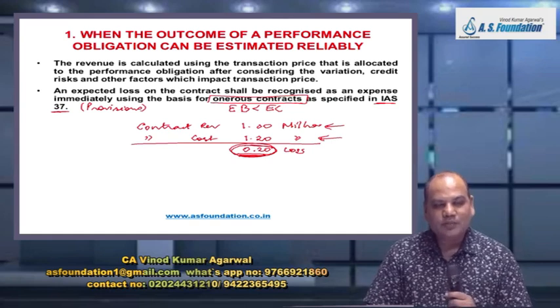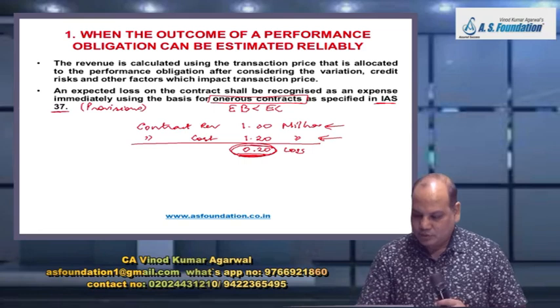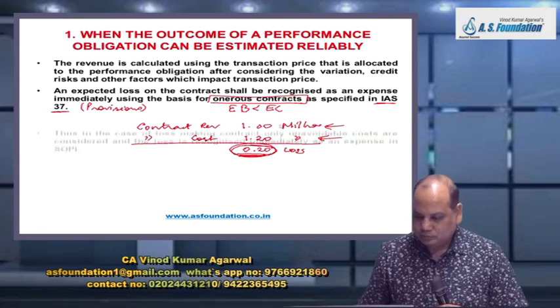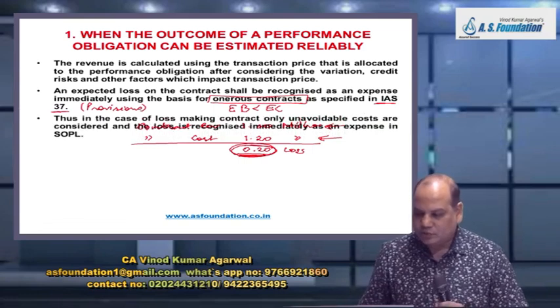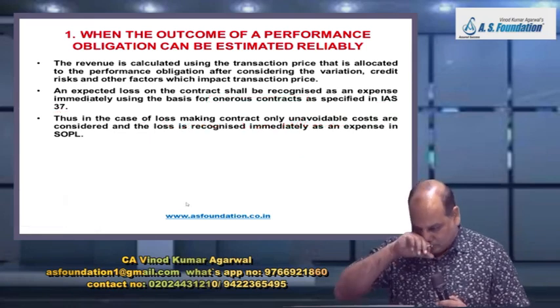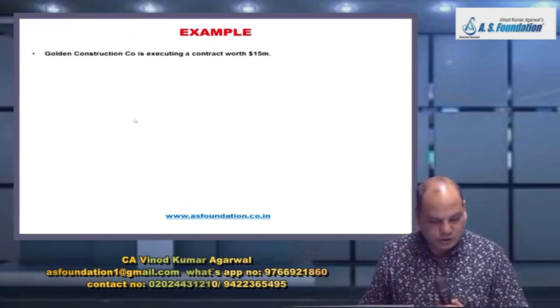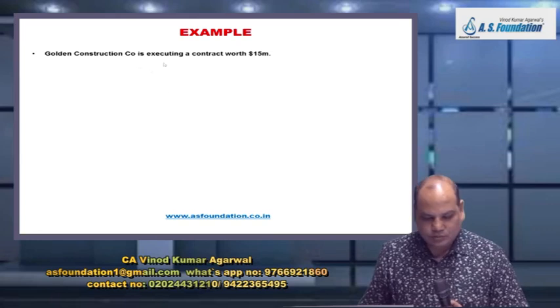We need to make the provision. We need to make the full provision. Okay. Thus, in the case of loss making contract, only unavoidable costs are considered and the loss is recognized immediately as an expense.